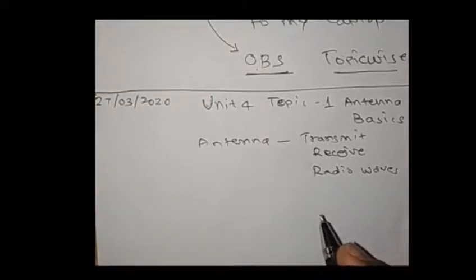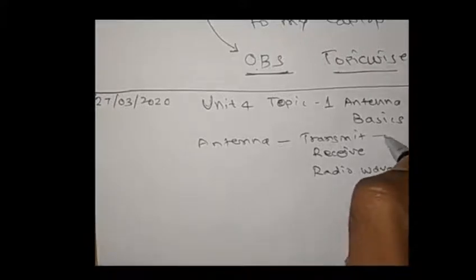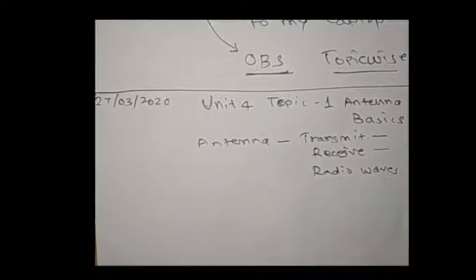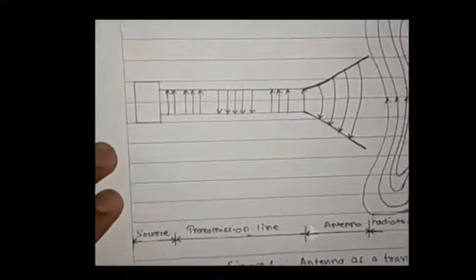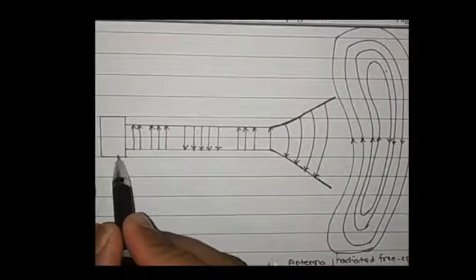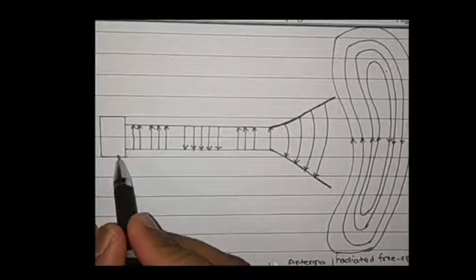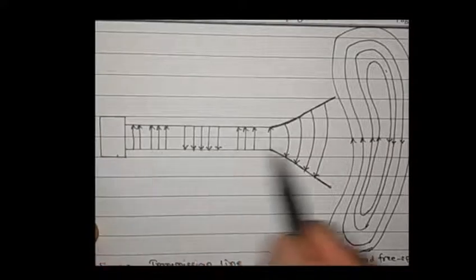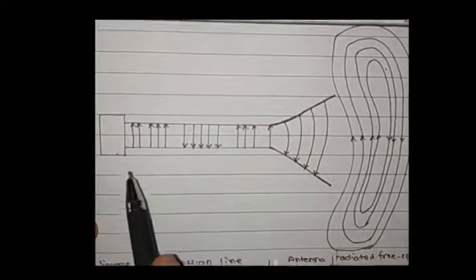An antenna is also termed an aerial, and it is connected to a source which can be a transmitter in the transmission case, and a receiver in the receiving case. Let's have a look at a diagram which shows the radiation mechanism of an antenna. You can see a source here consisting of a message signal modulating the carrier, or it can be a receiver if the antenna is acting as a receiving antenna.